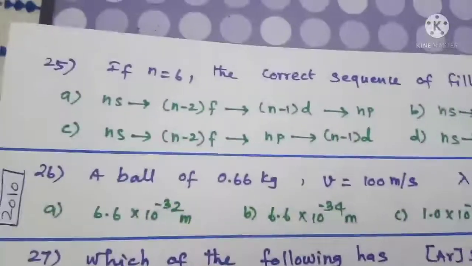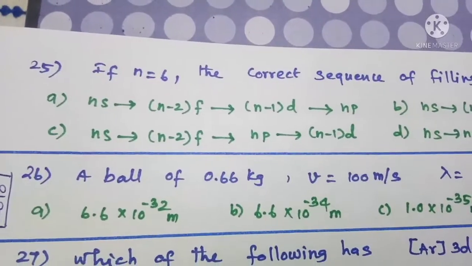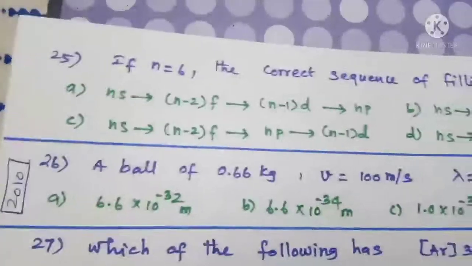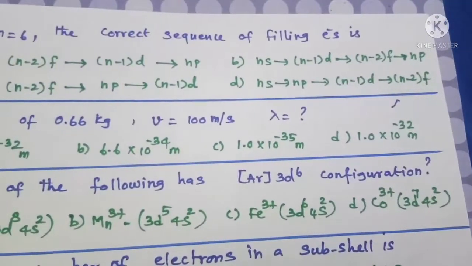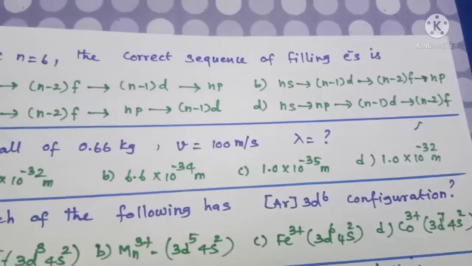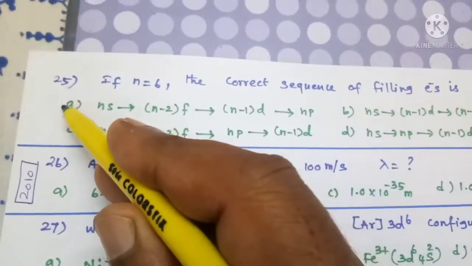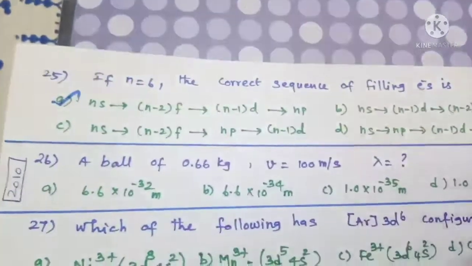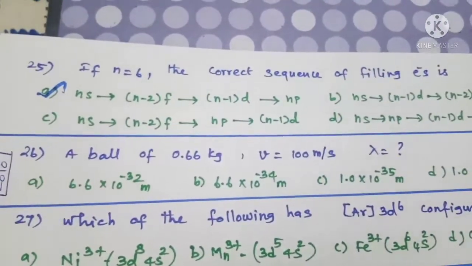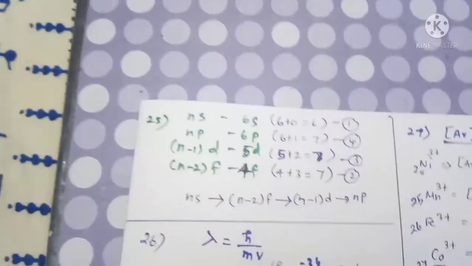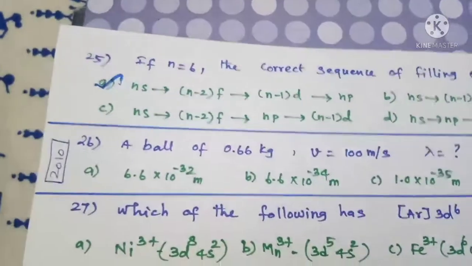So look at the options. ns, n minus 2 f, n minus 1 d, np. I think option A is the right one. ns orbital, n minus 2 f orbital, n minus 1 d orbital, then finally the np orbital. So look at the answer.